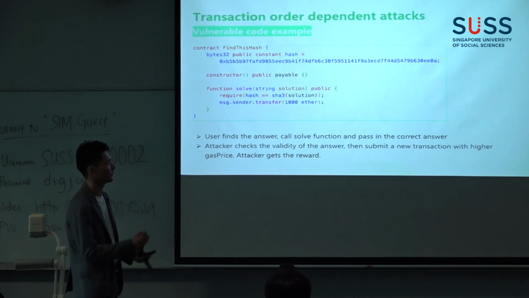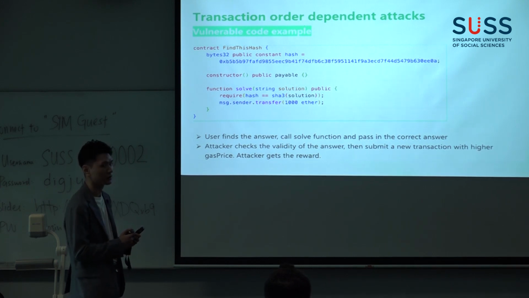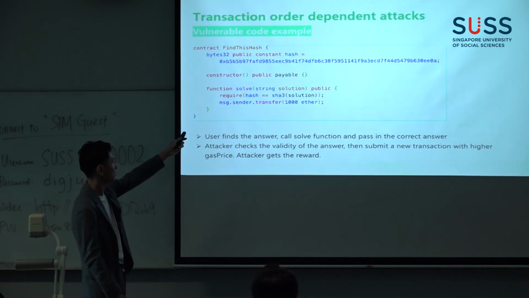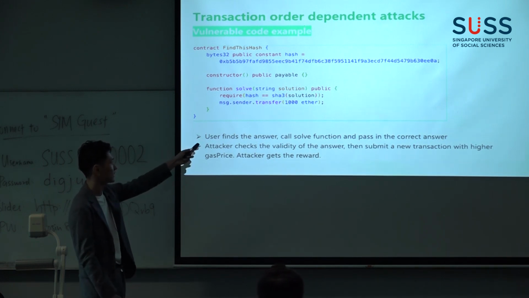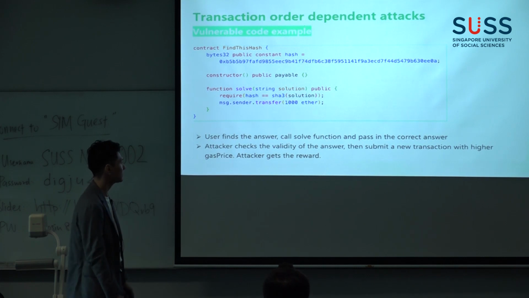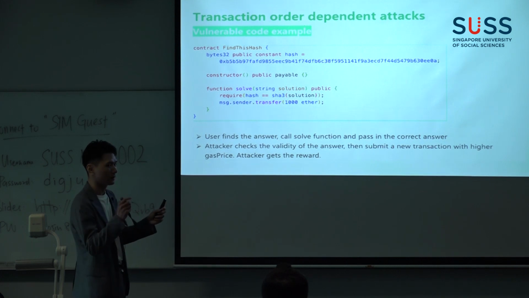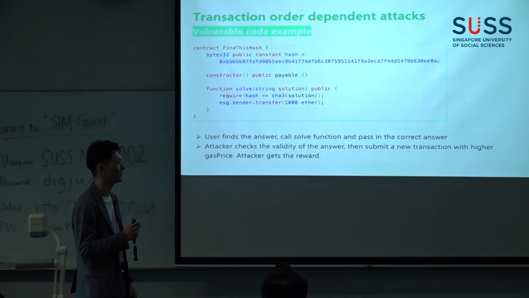And we all know dehashing something is very difficult and requires tremendous computing power. When a user solves this challenge, he can get 1,000 Ether. The attacker doesn't have the computing power to solve this challenge, but he's smart. He observes the mempool and sees the hardworking user who actually solved this challenge trying to include his transaction in the blockchain.